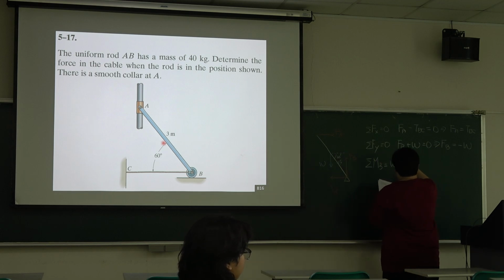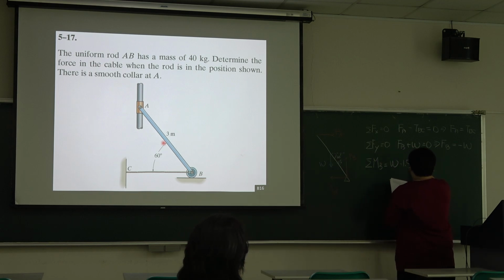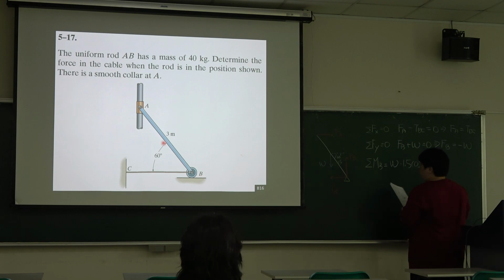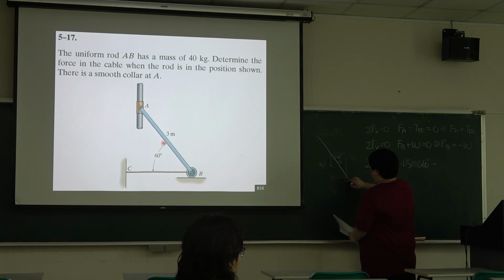Okay, so use 1.5 meter cosine 60 degree. And minus, okay, because the point is at here and regarding the right hand rule, this force we can get the positive moment, and this force we can get the negative moment.